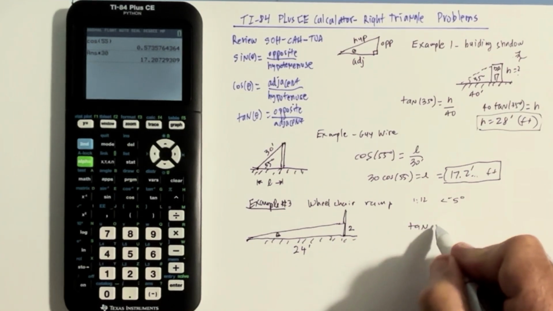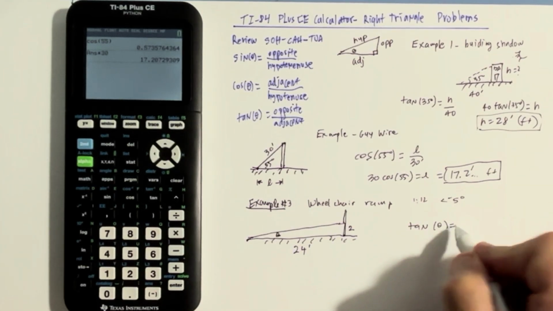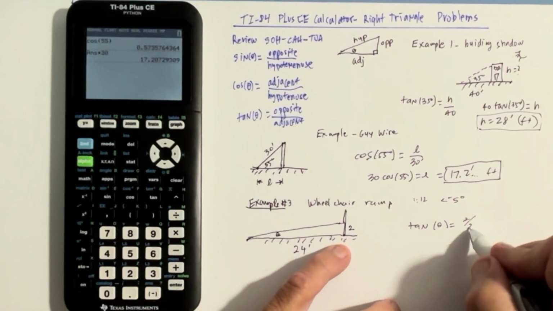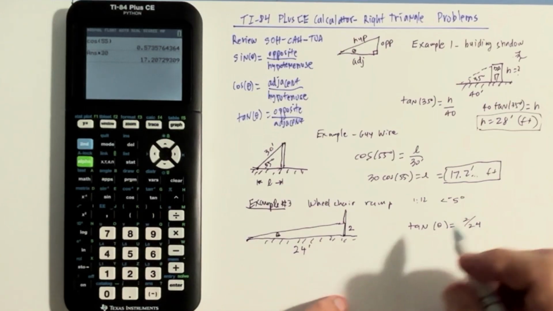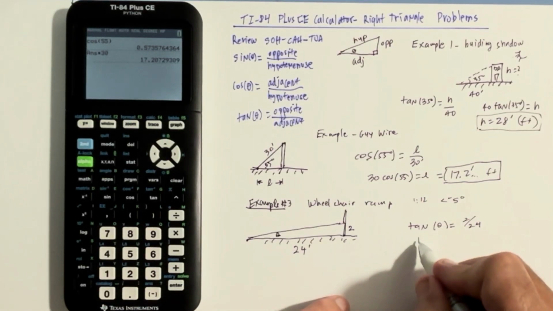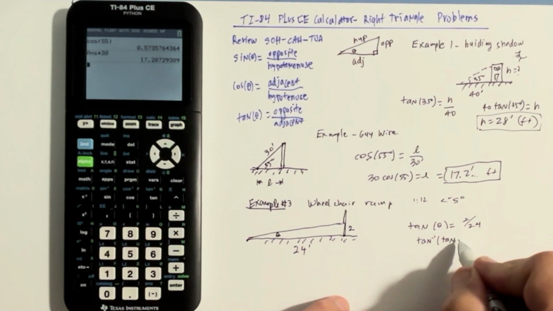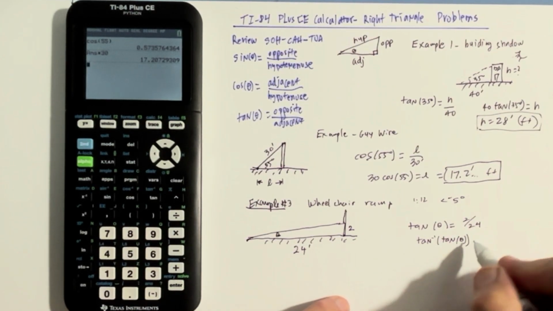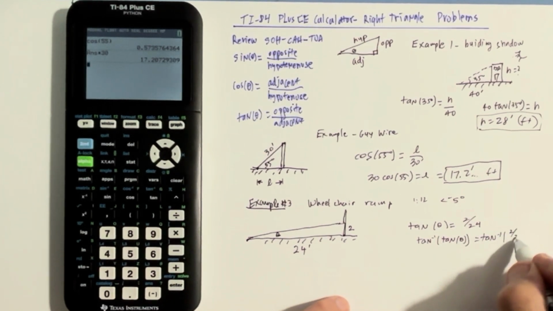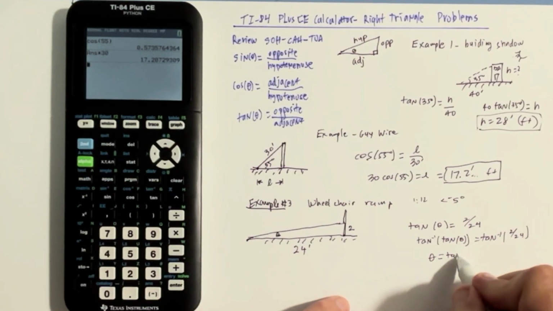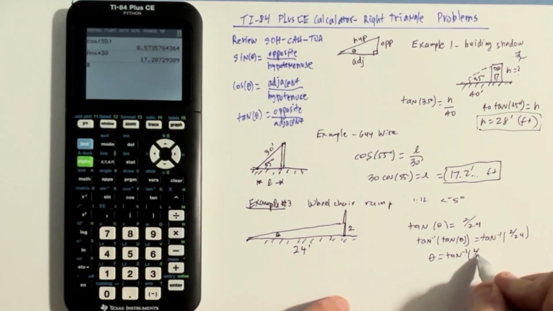So the tangent of theta is equal to the opposite, which is 2, over the adjacent, 24. Now we'll take the tan inverse of both sides. So theta is going to be equal to the tan inverse of 2 divided by 24.